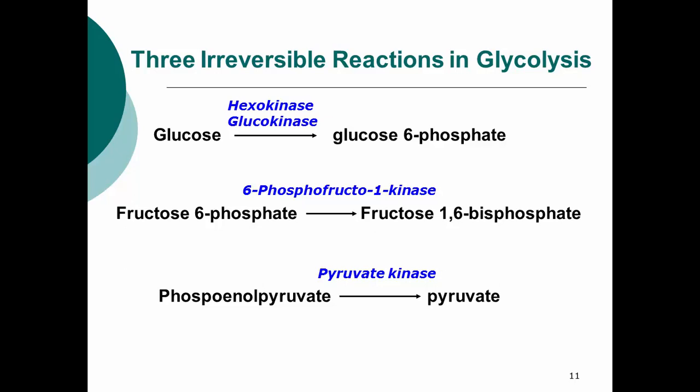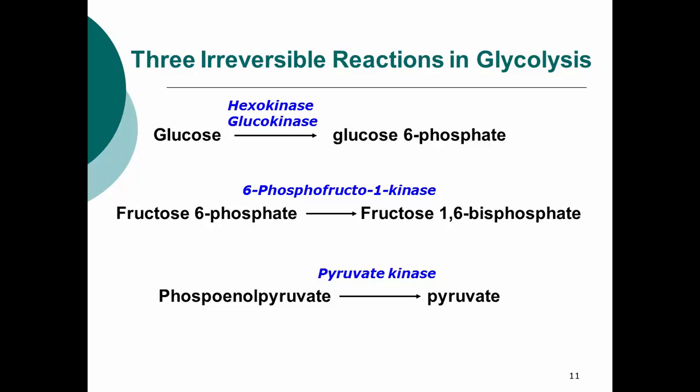In glycolysis, the second reaction is that fructose 6-phosphate can be converted to fructose 1,6-bisphosphate by phosphofructokinase. Right, this is the second key reaction in glycolysis, and the third reaction is pyruvate kinase catalyzing the conversion of phosphoenolpyruvate to pyruvate.